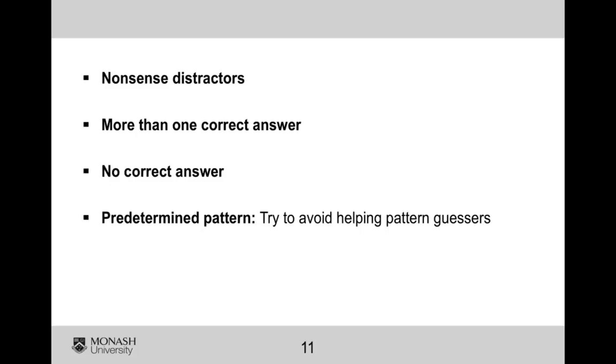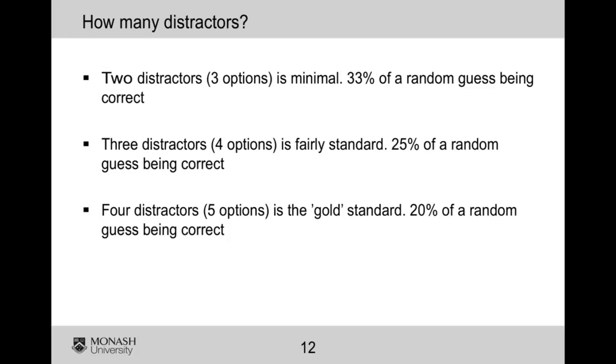And then also try not to have a predetermined pattern. Let's say you continue to do A, B, C, D, A, B, C. Students can be good pattern guessers, and if you create a pattern with the answers, some of them can clue on to that.